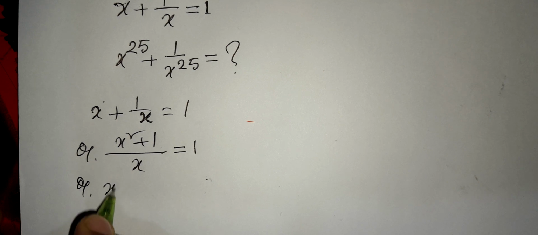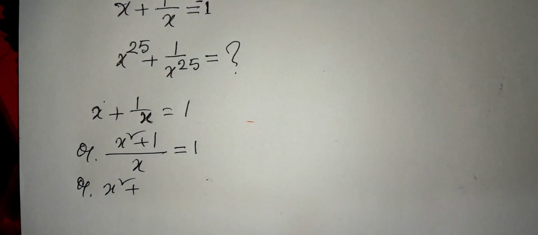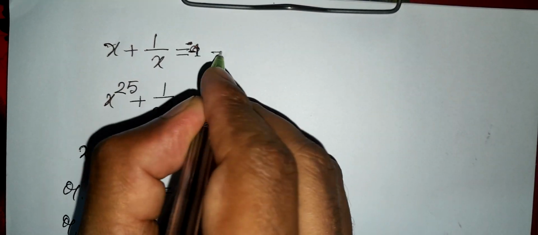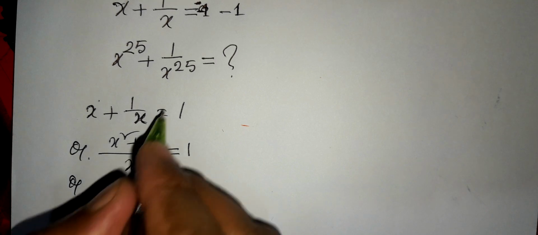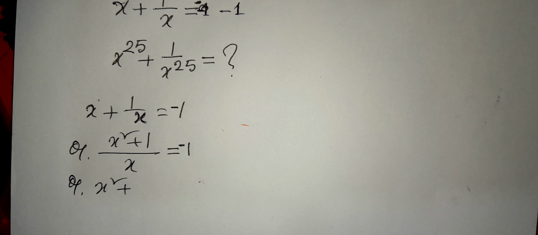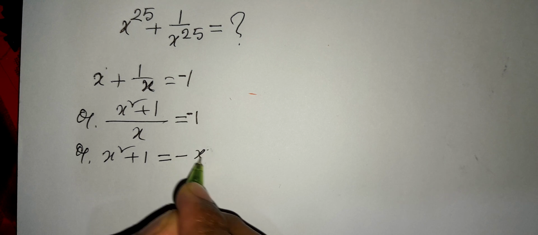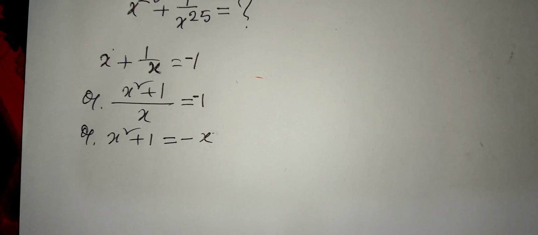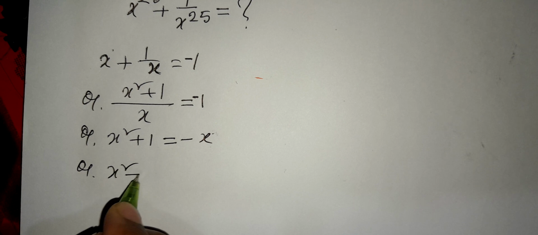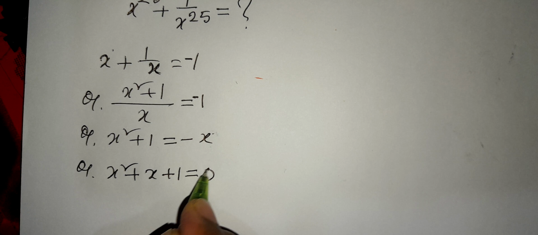Then we can write x square plus 1 minus x equal to 0, which gives x square minus x plus 1 equal to 0. Then we can write x square plus x plus 1 equal to 0.